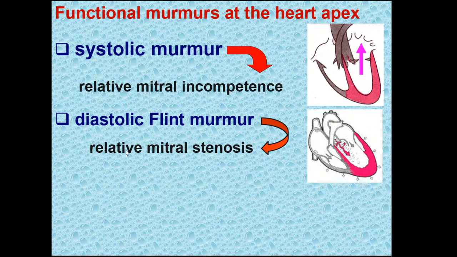We are talking about relative mitral stenosis because there is no growth of connective tissue, no anatomic defect. As a result, blood goes with turbulent movements. We are talking about the diastolic Flint murmur. In a patient with aortic regurgitation, over the heart apex both systolic and diastolic murmurs may be heard: systolic due to relative mitral incompetence, diastolic due to relative mitral stenosis.